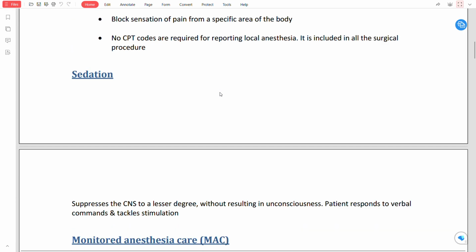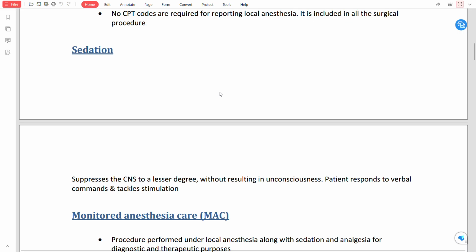Next is sedation. Sedation is most similar to anesthesia but a little bit different. It suppresses the CNS to a lesser degree, without resulting in unconsciousness.